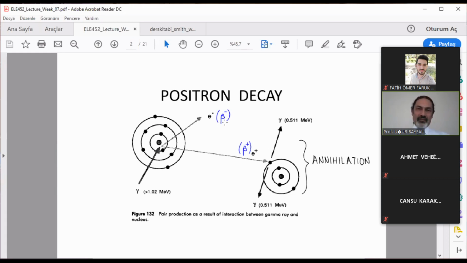We already know the beta minus particle. Beta minus particle is our general electron. So a charge which is electron charge, which is 1.6 times 10 to the minus 19 coulomb, particle called electron can also be called as beta minus particle in physics.